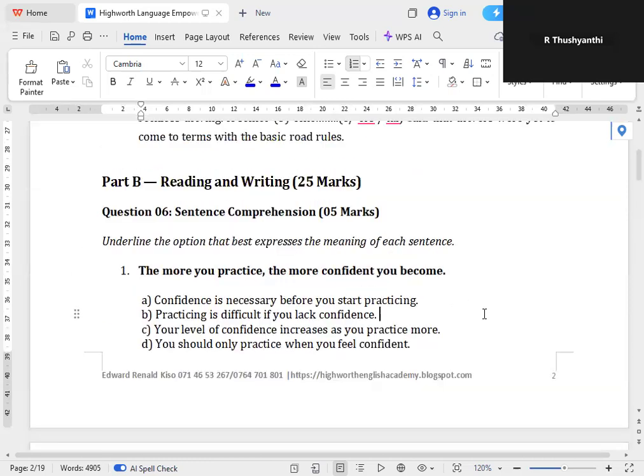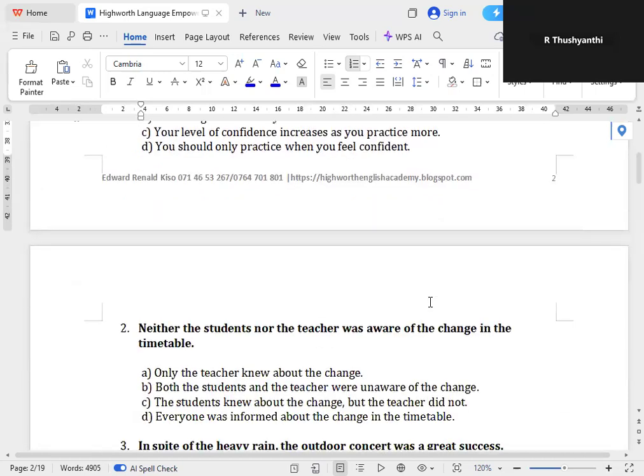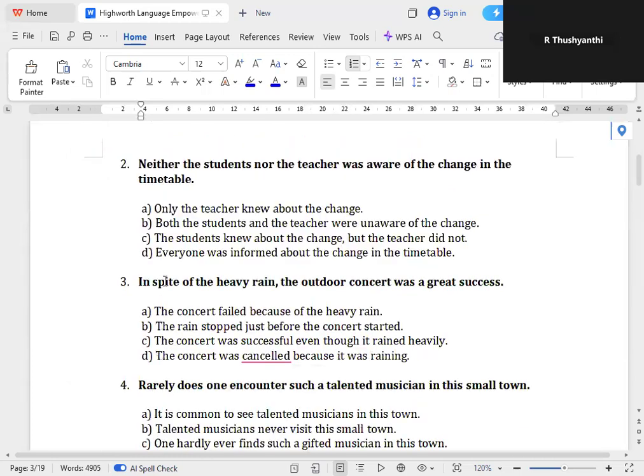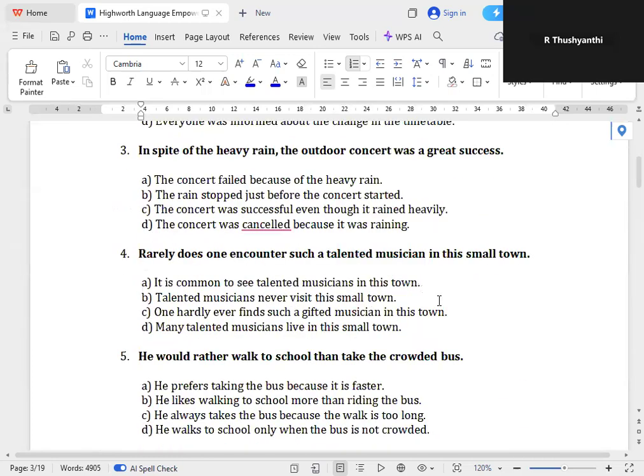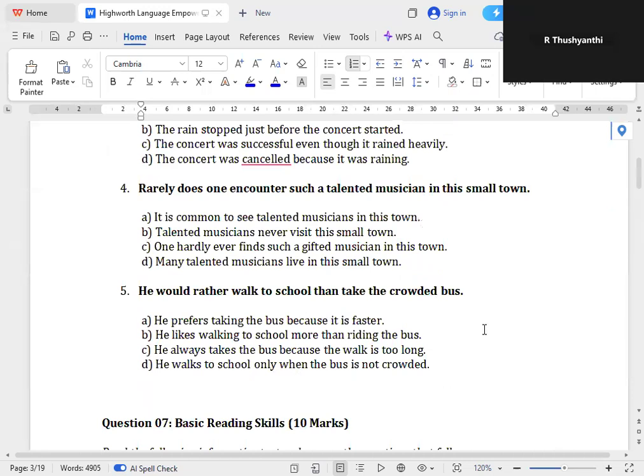Usually in the paper, this kind of question is very common. Number 1, number 2, number 3, number 4, and number 5. There are 5 questions for you, and there are 4 options. So you have to select the correct option, which has the same meaning as the first, dark lettered sentence.